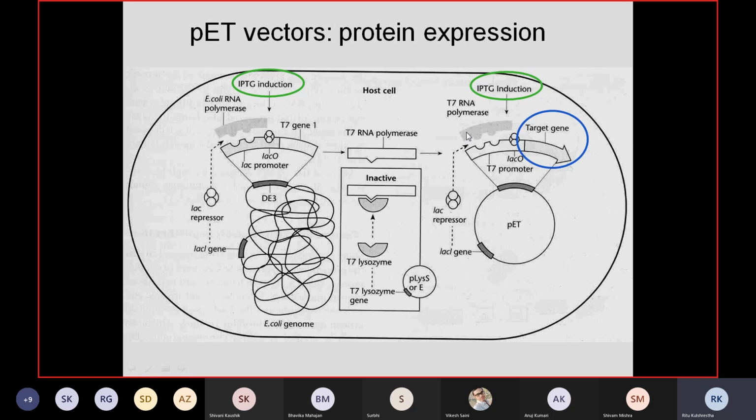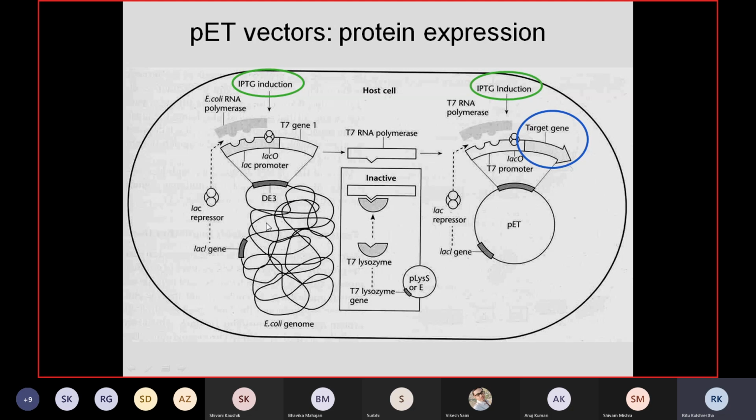But the problem is that it is only recognized by T7 RNA polymerase and not by the RNA polymerase of the E. coli. So it means that the bacteria in which I am putting the PET vector, I have to somehow have high expression of T7 RNA polymerase as well.